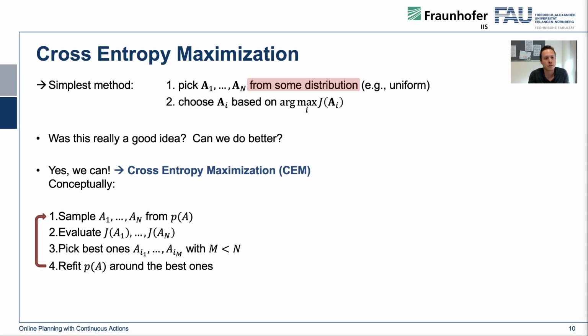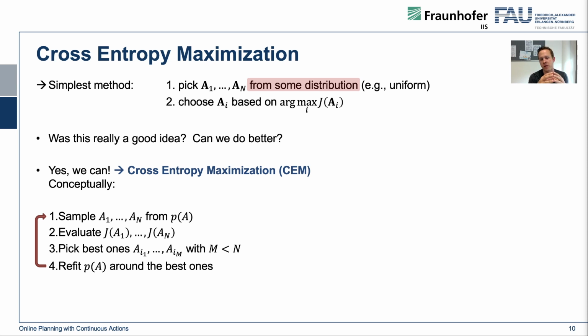We can use a very well-known method called cross-entropy maximization, CEM. The conceptual idea of cross-entropy maximization is that we sample our action sequences from some distribution P defined over A. We evaluate all these trajectory sequences, and then we pick the best ones.